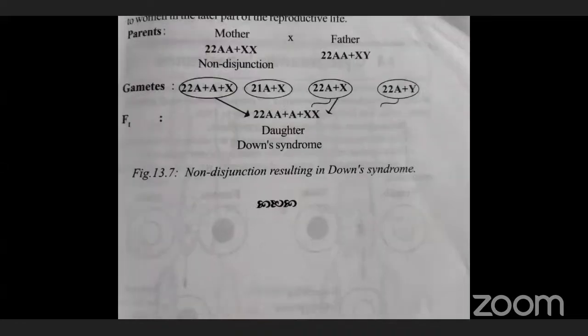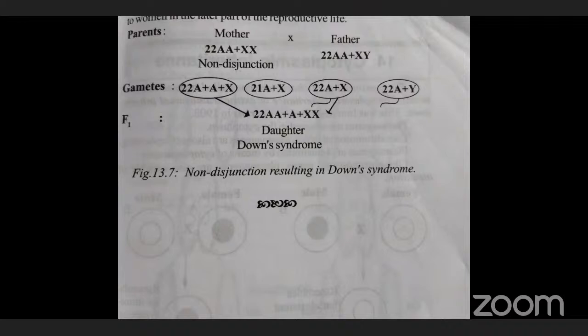Down syndrome appears much more frequently in children born to women in the later part of reproductive life. Clear? Just see the diagram: the mother has 22 pairs of autosomes plus XX, and the father has 22 pairs plus XY, the normal chromosomes.